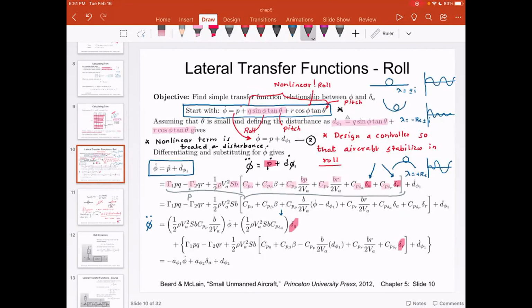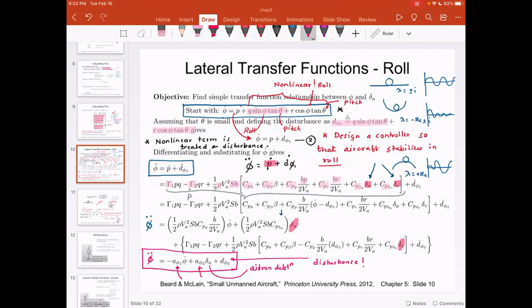So I have a super simple differential equation, which is phi double dot equal to a constant multiplied by phi dot, another constant multiplied by the aileron deflection, and then this is the nonlinear disturbance.